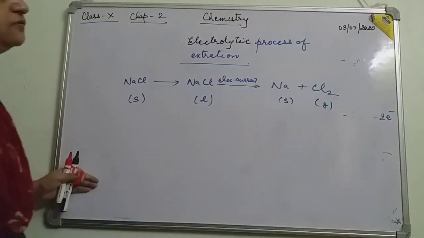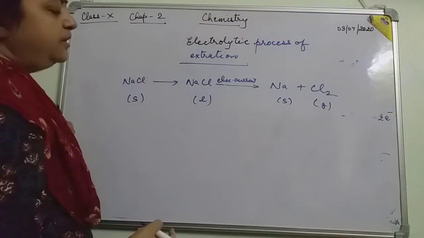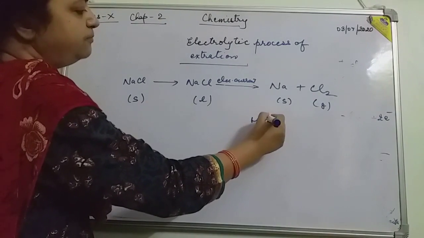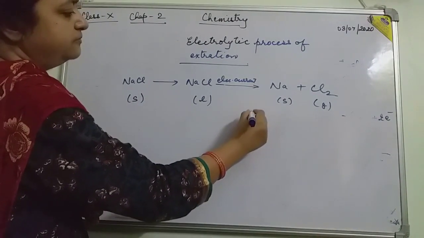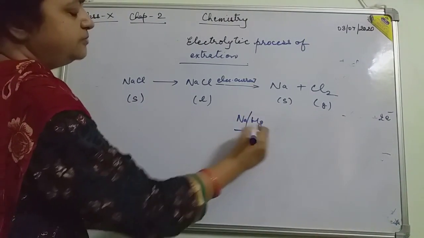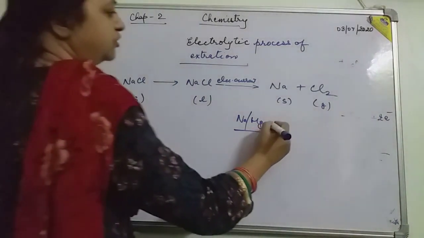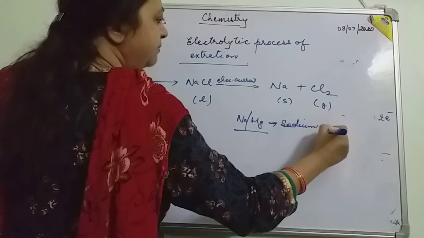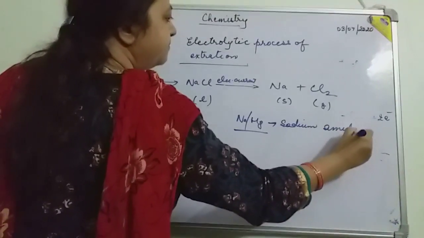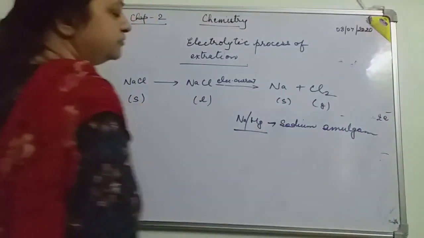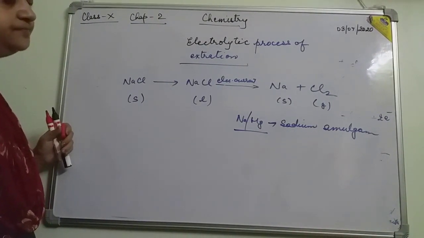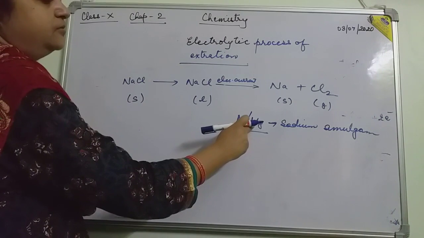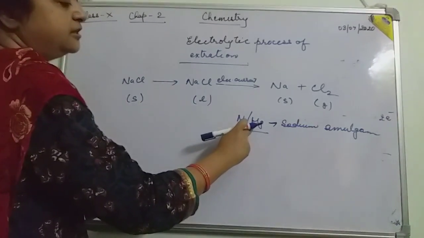In this process we use sodium amalgam. We use mercury to deposit sodium on it. What is sodium amalgam? Amalgam means related to mercury.